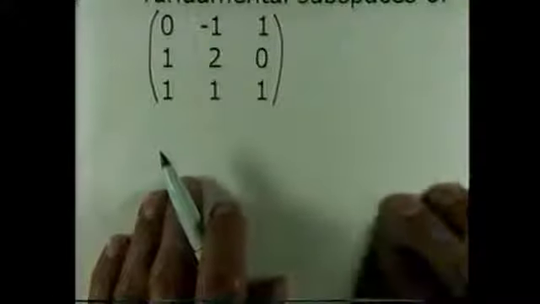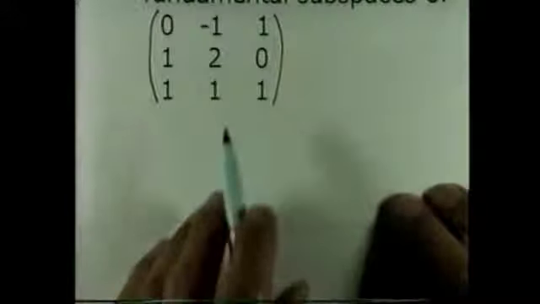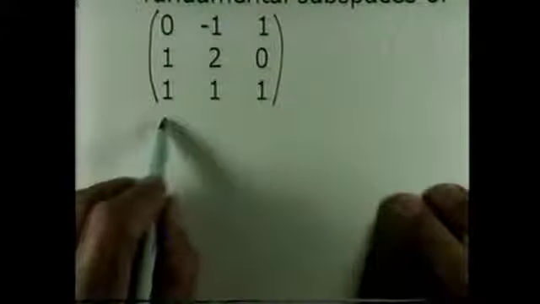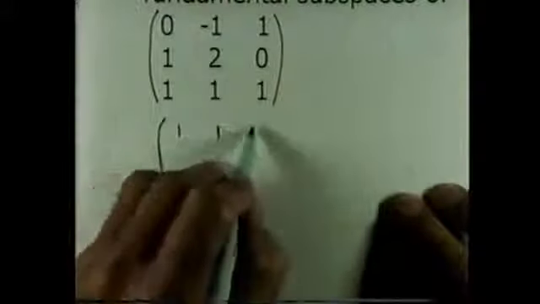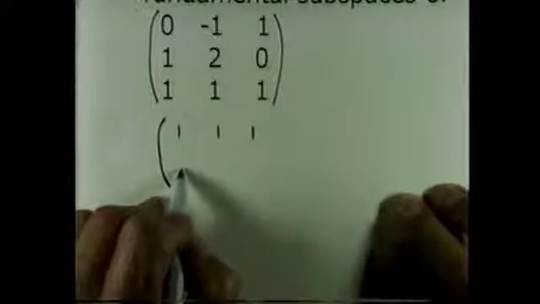Now to get the column space of A and the column space of A transpose, I need to row reduce. Well, to row reduce, the first thing I'm going to do is just interchange the third row and the first row.